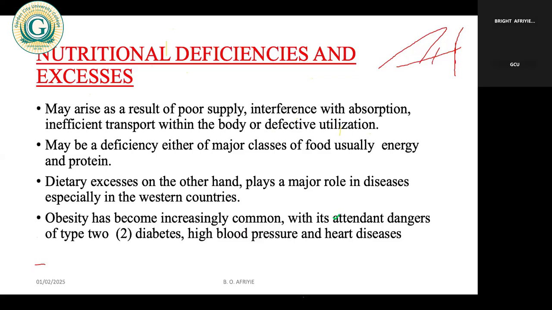So we know of the obesities, type 2 diabetes, high blood pressure, heart diseases, coronary diseases, and all that are associated with excess intake of certain nutrients.